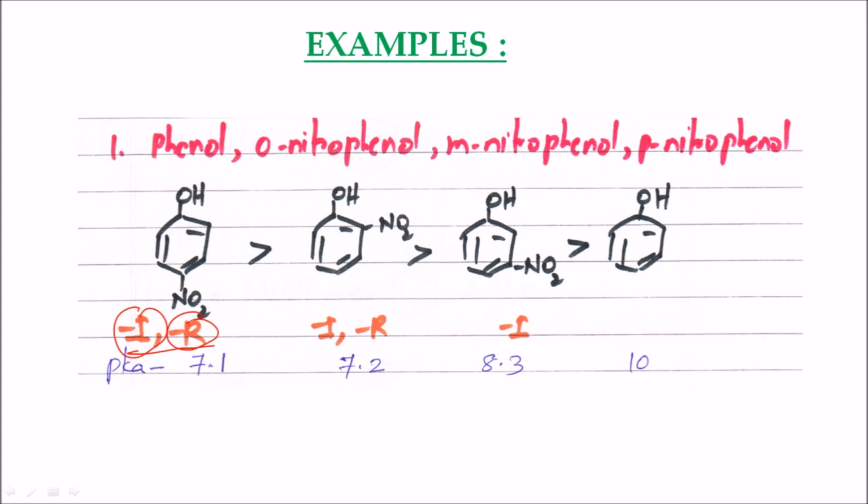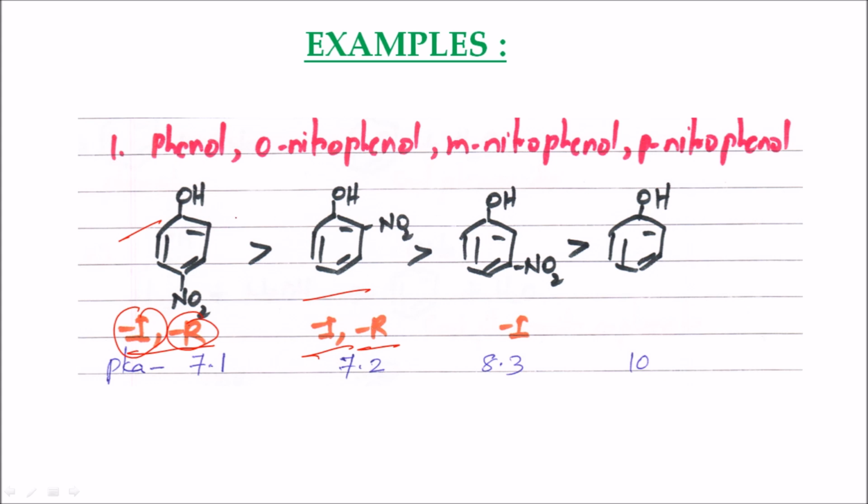That's the reason why para-nitrophenol is most acidic in nature. Now just see ortho-nitrophenol. In ortho-nitrophenol also we have the -I effect present, and in ortho position also we have the -R effect. So like para, ortho-nitrophenol also has -I and -R.